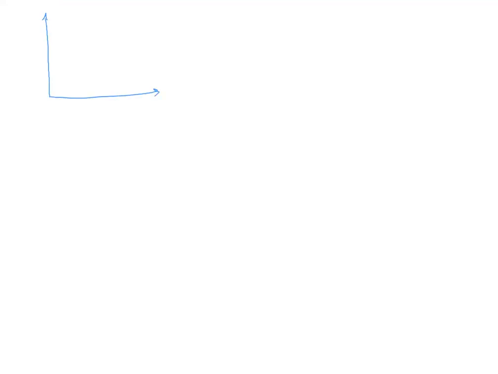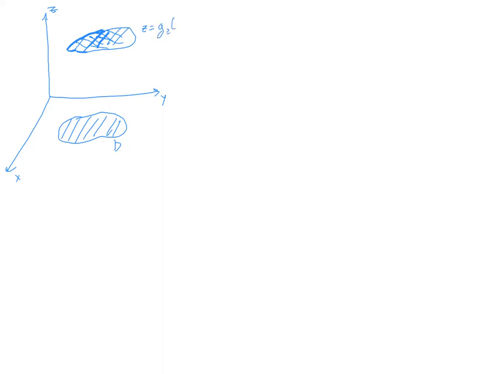So basically, the situation that we will be able to handle is the following. When the domain U is like this, so you have a two-dimensional domain D on the xy plane. And then you have two functions. One has this graph up here, z equals g2 of xy. And then you have another graph down here.